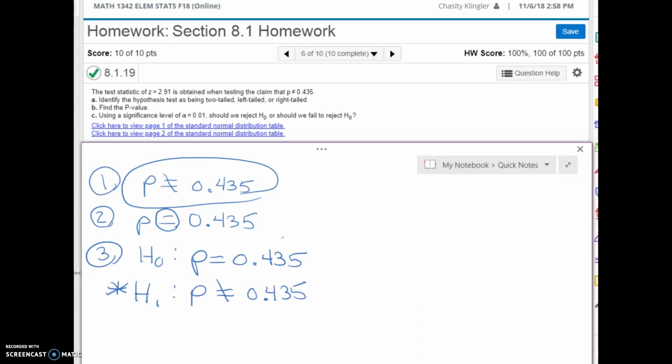Now step 4 is where you identify if it's two-tailed, left-tailed, or right-tailed. And that depends on your alternative hypothesis. If you have a less than, it's going to be left-tailed. If you have a greater than, it's going to be right-tailed. If you have a not equals to, it's going to be two-tailed.